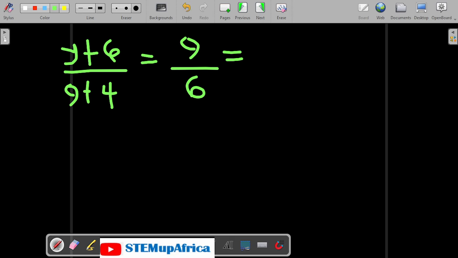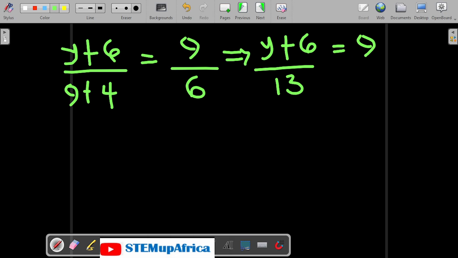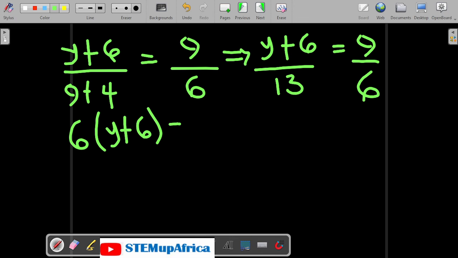So this implies y plus 6 over 13 is equals to 9 over 6. So I can cross multiply from here.